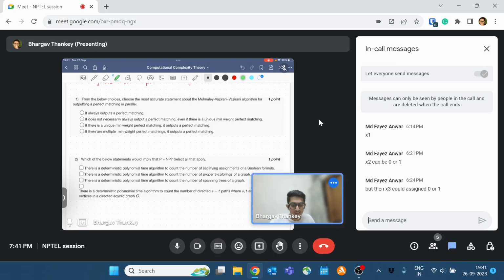And if the weight assignment is such that there is a perfect matching with minimum weight, then it outputs that perfect matching. So the only randomness in the algorithm is in the weight assignment. And if the weight assignment succeeds, in the sense that there is a minimum weight perfect matching, then the algorithm succeeds in outputting a matching. So C is true.